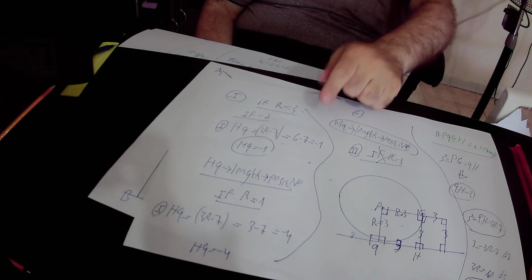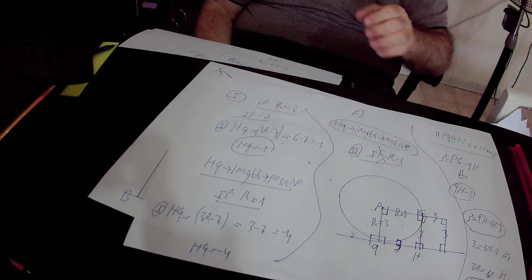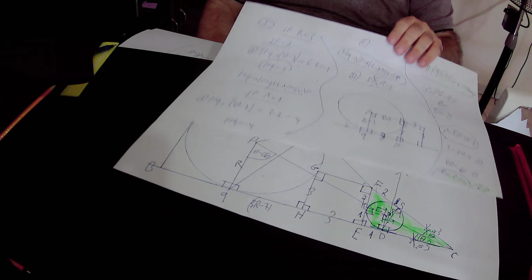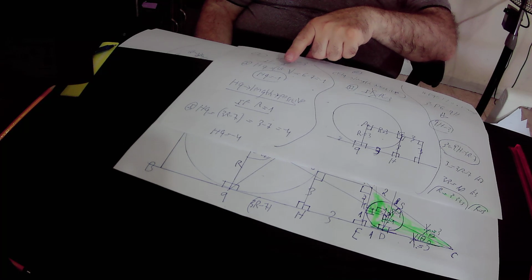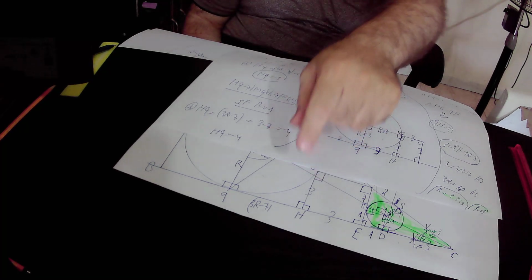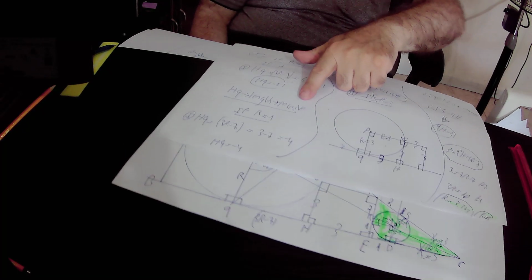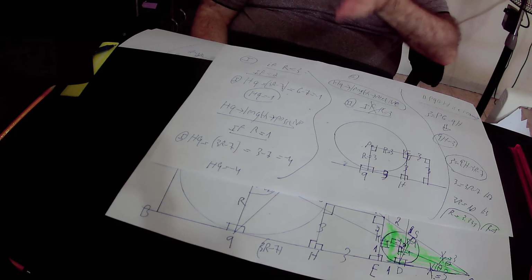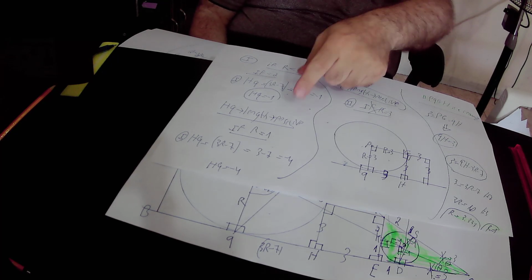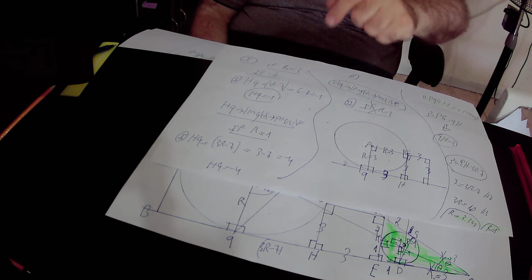So we found out that HQ is negative, but HQ is a length, and as a length it must be positive. So this is not a good possibility, and the other possibility is that R equals 1.